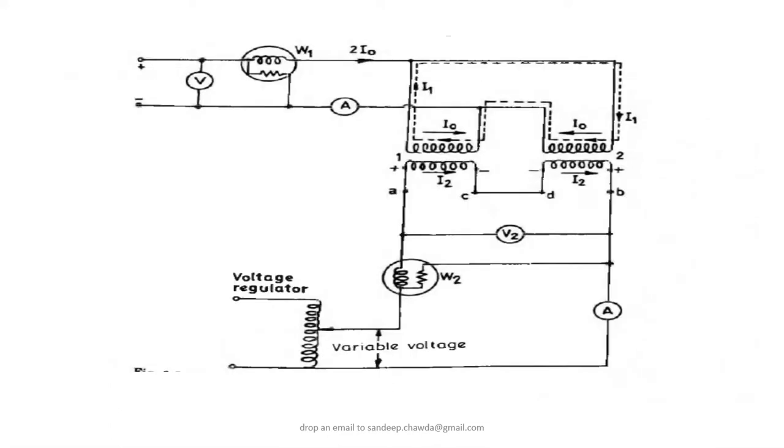So here, in a larger view, let me show the complete diagram. We have also connected one wattmeter here. This wattmeter is going to measure the losses, which will be the copper losses for both the transformers. The voltage you apply would be a fraction of the rated voltage, so that the rated current flows in the secondaries.